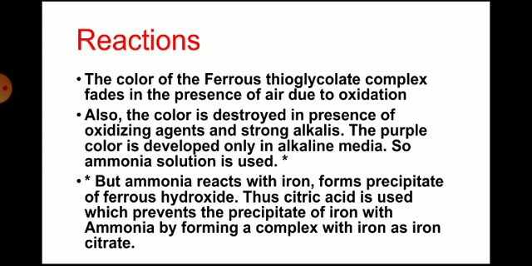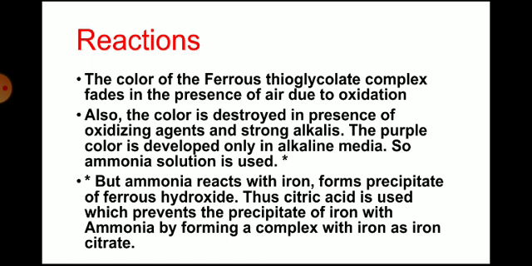In the reaction, the color of the ferrous thioglycolate complex fades in the presence of air due to oxidation. The color is destroyed in the presence of an oxidizing agent and strong alkali. The purple color develops only in alkaline media, so ammonia should be used.